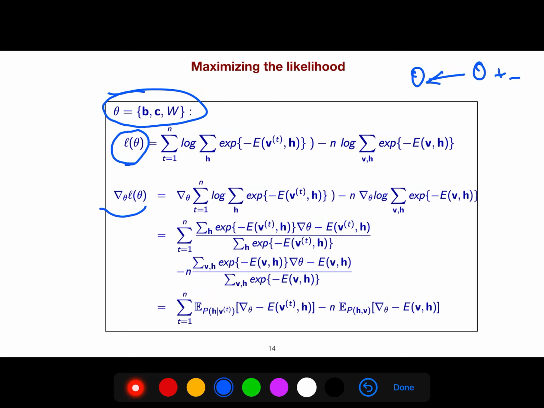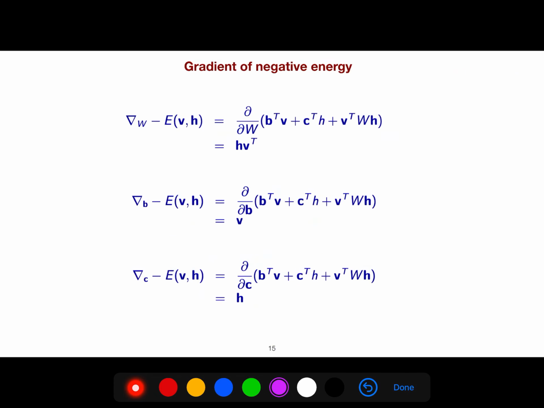And so when we go through this, you have two terms: gradient of minus energy and gradient of minus energy. So this term is about your model. It doesn't say anything about your samples. On the other hand, this term tells a lot about your observations. We have n observations. So we go through that. You see the derivative with respect to W is HV.